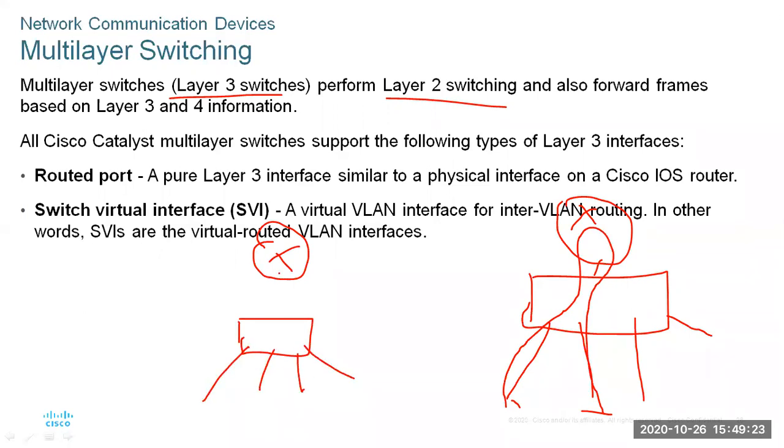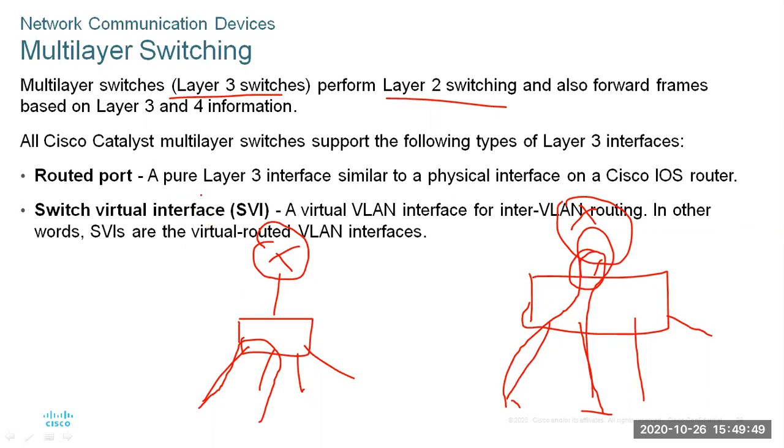Now, if this switch is a layer 3 switch or a multi-layer switch, when this VLAN wants to talk to the next one, it will just cross here. It doesn't need to come to the router, which would create a lot of overhead or traffic on the router interface. Here it frees the router from that.